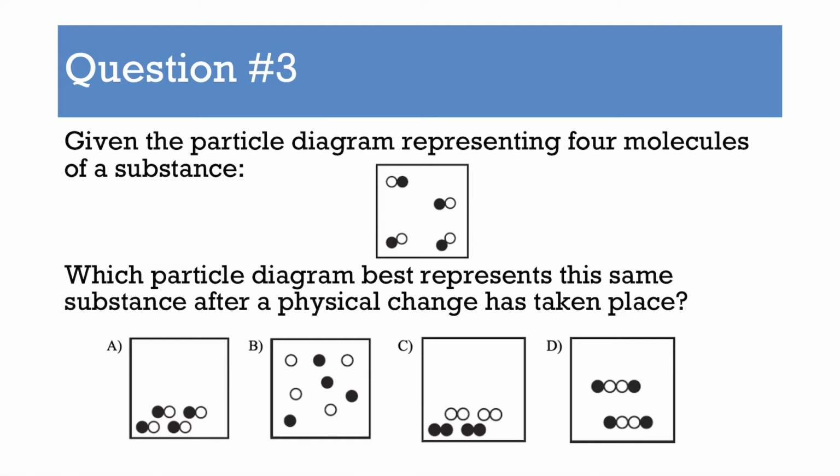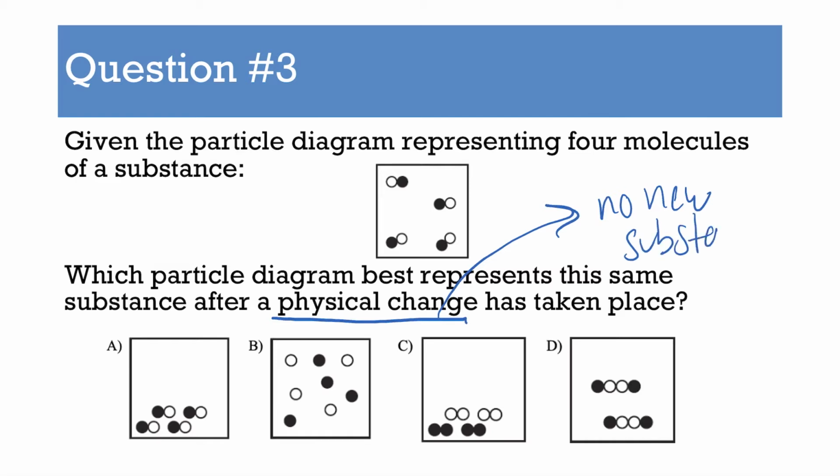Number 3. Given the particle diagram representing 4 molecules of a substance, what particle diagram best represents after a physical change? Again, physical change, no new substance is formed. So we're looking at this, and we have a white circle and a black circle connected.